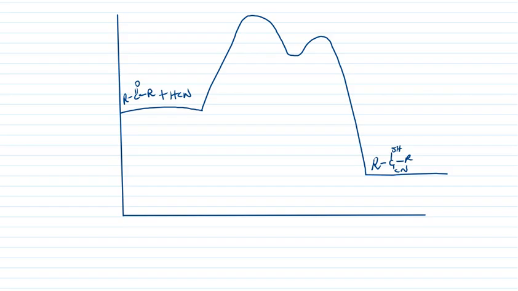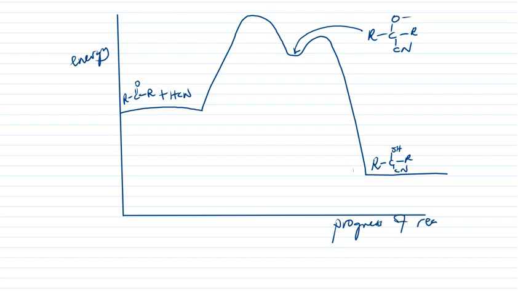Then here we have an intermediate. The intermediate was R, then, so this is our NH. Reaction. Thank you.